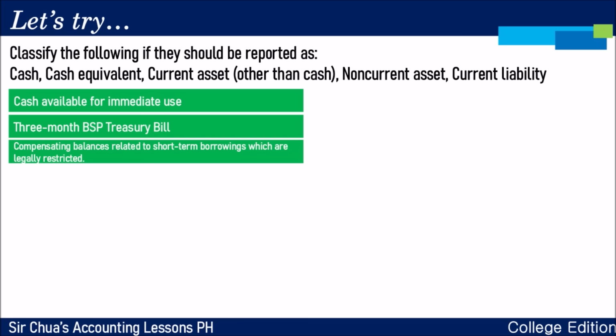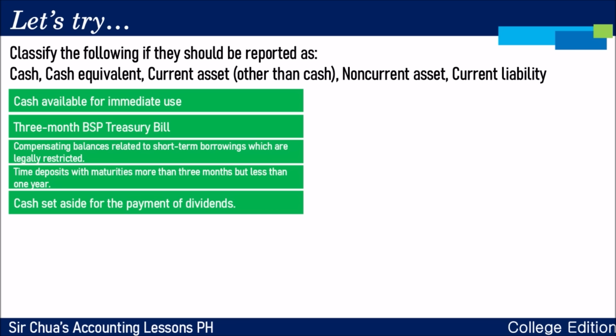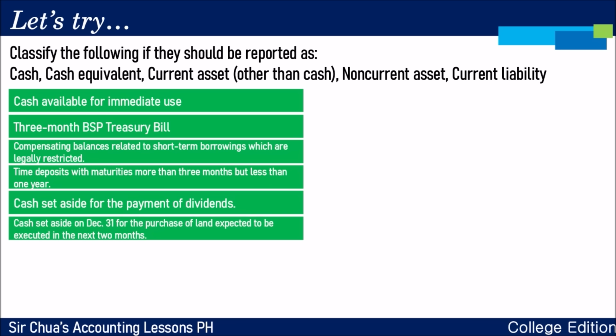For number 4, we have time deposits with maturities more than 3 months but less than 1 year. Let's have number 5, cash set aside for the payment of dividends. We also have cash set aside on December 31 for the purchase of land expected to be executed in the next 2 months.